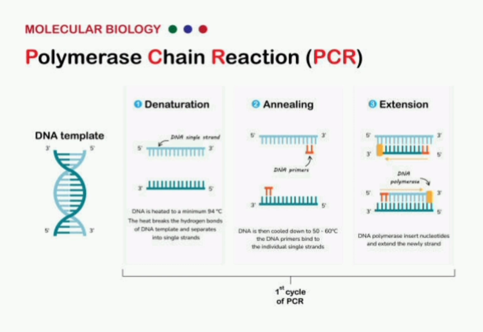Polymerase chain reaction is a DNA amplification process where a million copies of the same gene are produced from a target gene using specific sets of reagents and reaction conditions.